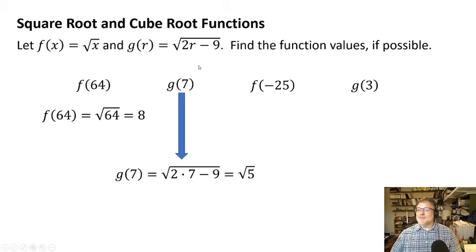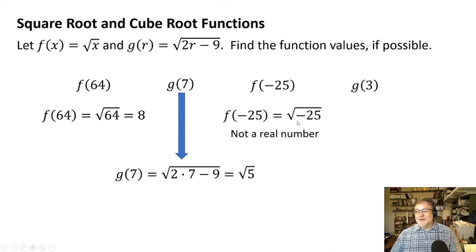Let's plug -25 into f of x. We're replacing the x with -25, so we have the square root of -25, which, as we've seen before, is not a real number. So as we're going to start talking about soon, -25 is not part of the domain of this function, nor any of the negative numbers.